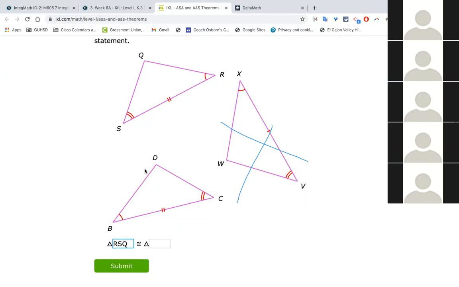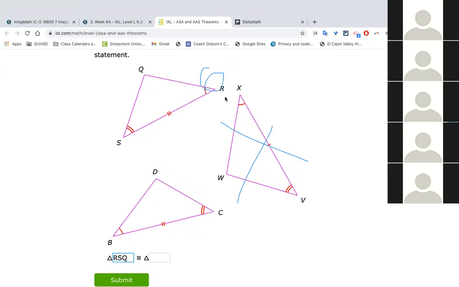So R on this one has the angle with one line. That means I got to go down to this triangle and start with the letter that has one line. The next letter I put was S here, so the second letter should be the one that has two lines.